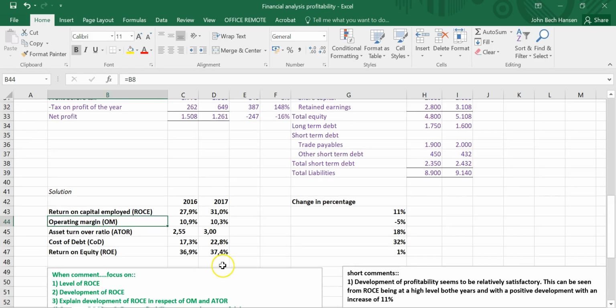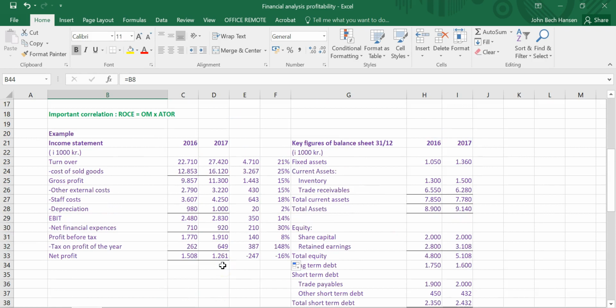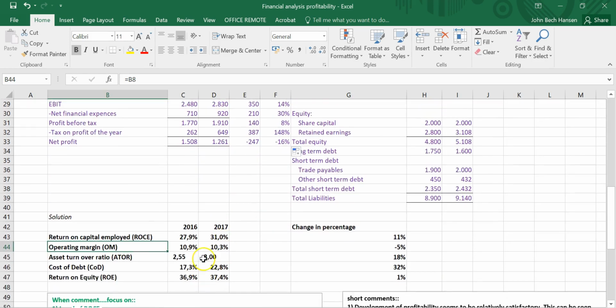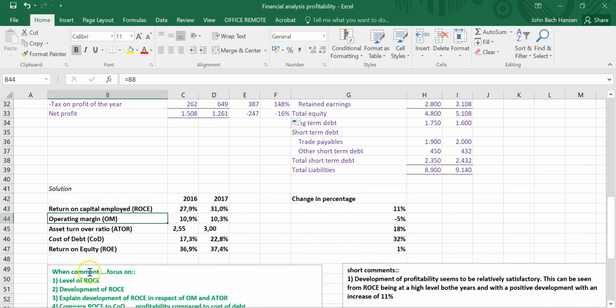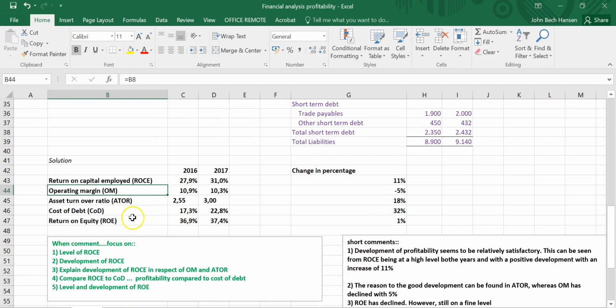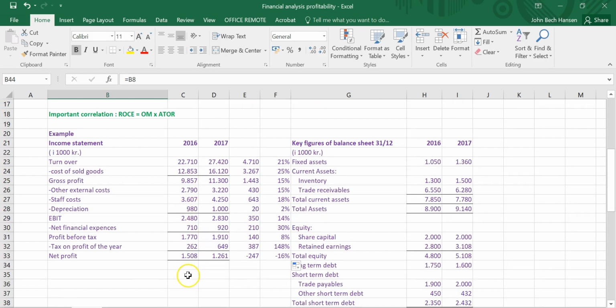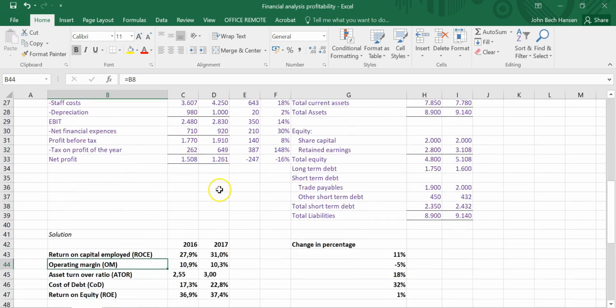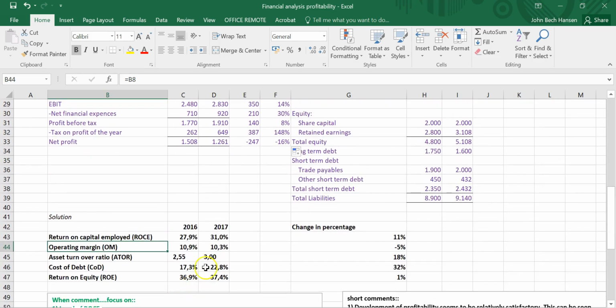This is an example of how we make a financial analysis, go in depth in the figures, finding out what is happening in this company here, calculate the key ratios, calculate the development, make some comments on the situation and the development, and if you have time, go perhaps a little bit deeper into the development, and of course interview in the organization what is happening, and then make some changes on behalf of what you have found in order to improve and use what you have calculated in order to manage the company in the way that you can increase your profit and increase your return on capital employed.